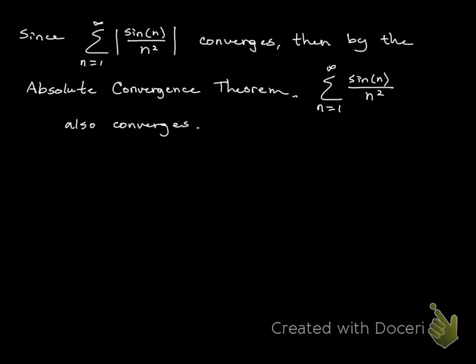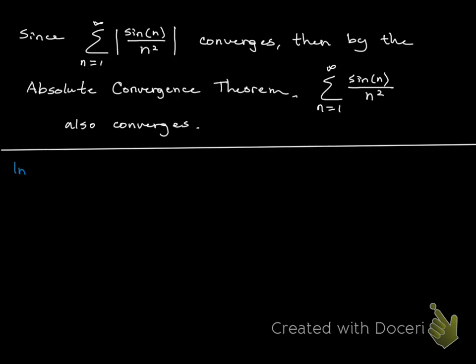Okay? So I'm using that theorem to my advantage there. I looked at the different series, absolute value of a sub n, that converged. So because of the absolute convergence theorem, I can say that the series without the absolute value also converges.